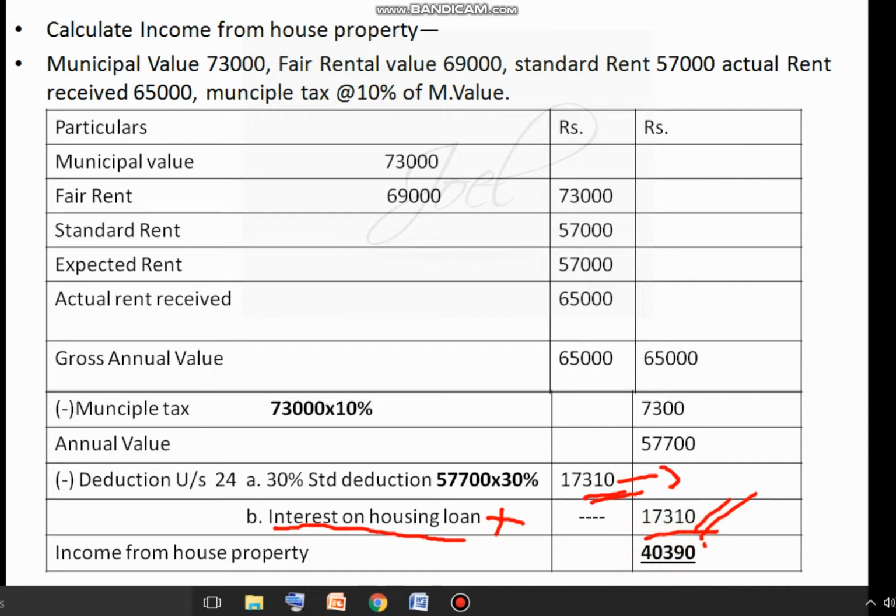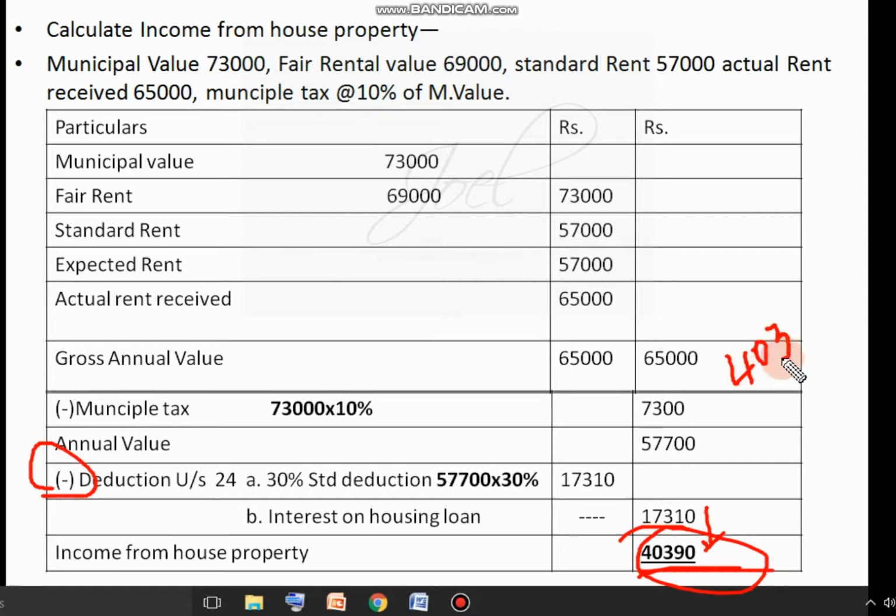See the symbol and do the needful. This symbol is negative, so you have to subtract this amount. When you subtract, you get 40,390. That is my final answer, my income from house property.